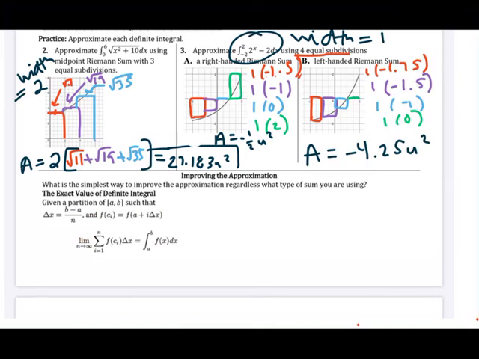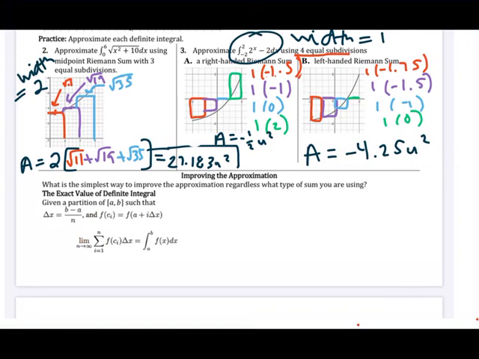So as I mentioned, the last thing that we're going to do is really slightly more formalize the Riemann integral based on the idea behind how he came up with this. So the simplest way to improve an approximation is to have smaller and smaller rectangles, right? So we want that delta x, we want the width to be getting infinitely smaller, and that width is represented right here.